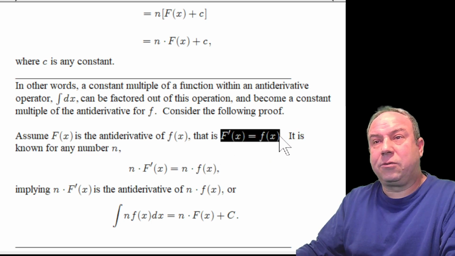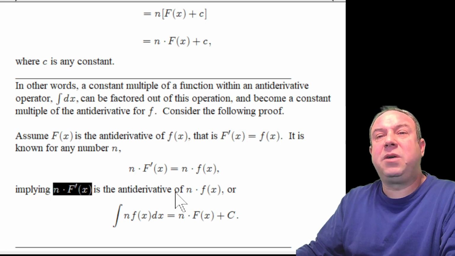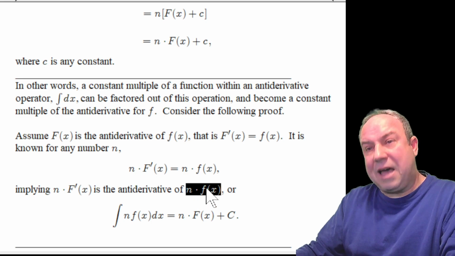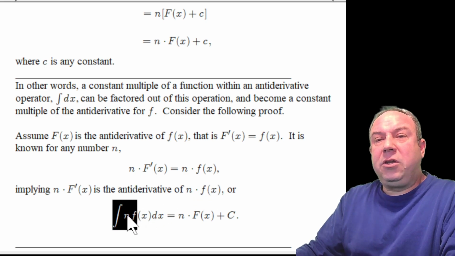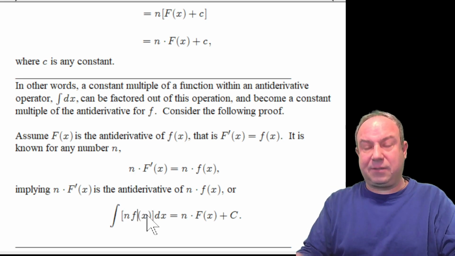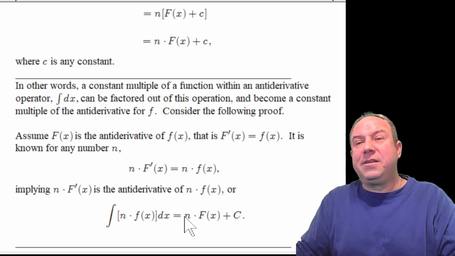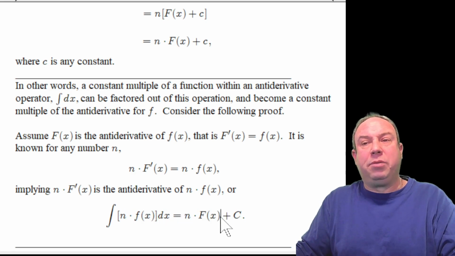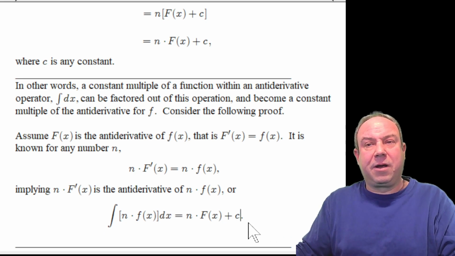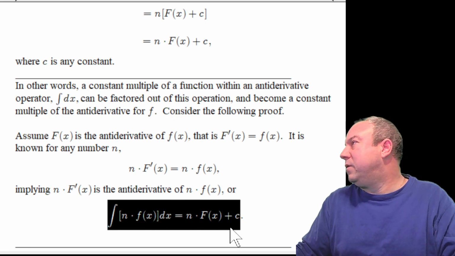If these two quantities are equal to each other, then n times F must be the antiderivative of n times little f of x, or when you apply the antiderivative operator to n times little f of x, this is equal to n times cap F plus that constant value of c. Right? Again, a rather direct proof.